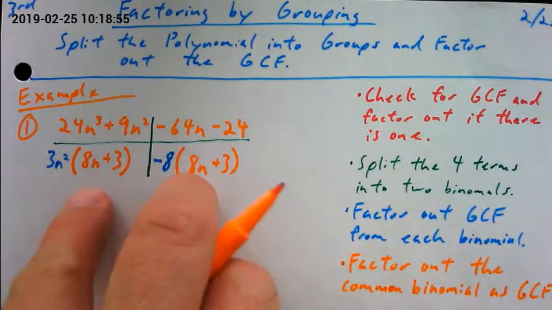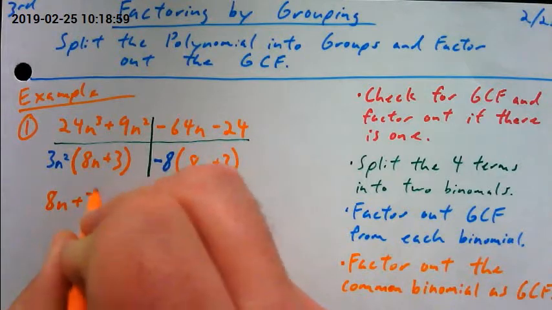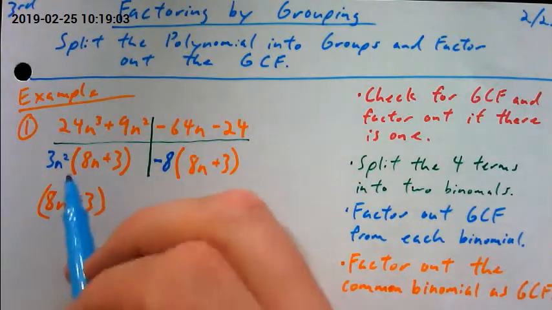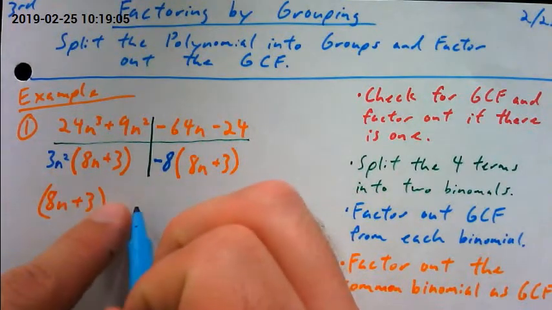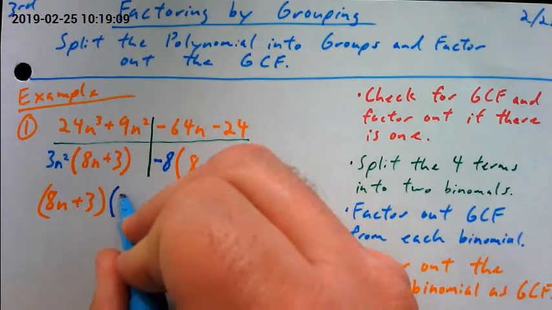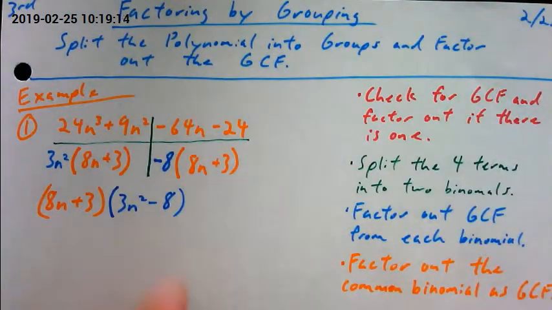So we're taking this, we're bringing it out to the front. So I have 8n plus 3 comes out. The other two values would then come together. So we'd have 3n squared minus 8. And that's going to give us our other binomial.